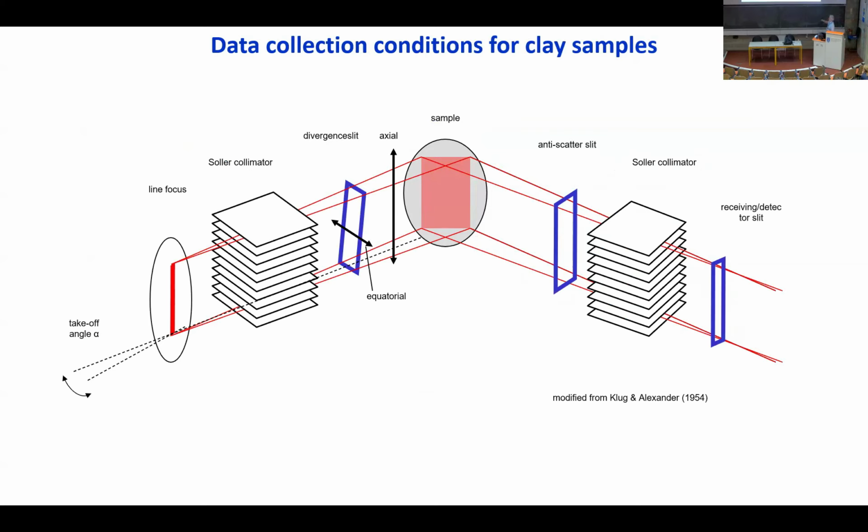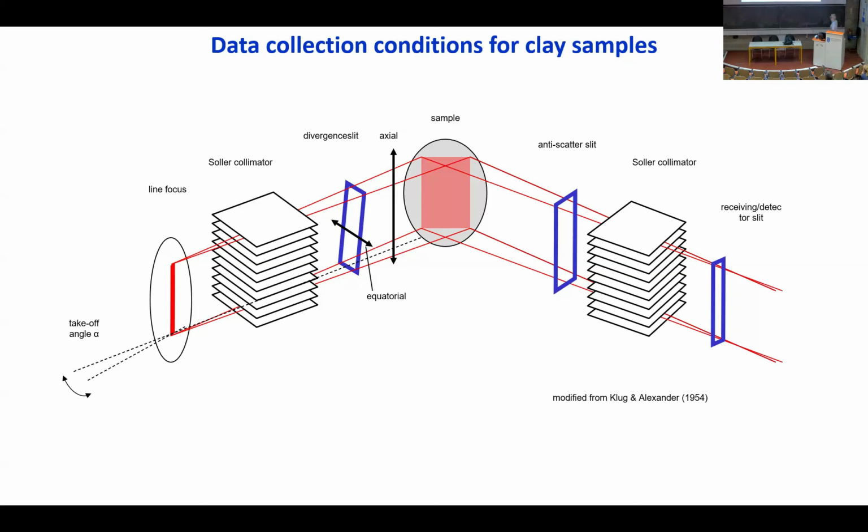You have the tube here, the sample here, and the detector here. And in the beam path, you usually have lots of slits. And depending on the opening of these slits, you may clearly control the breadth of the diffraction peaks you record from your sample.